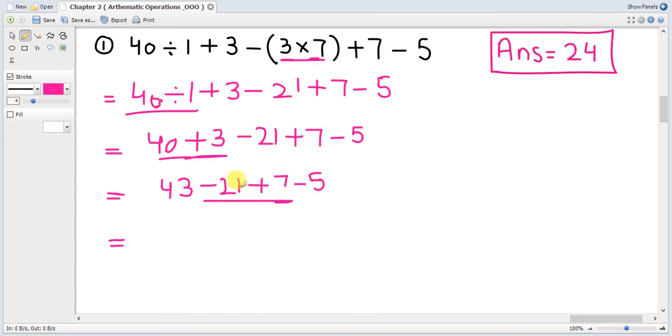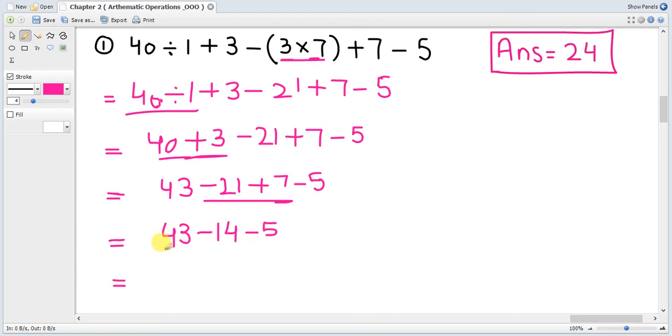The sign with this 21 is negative, so we take the sign into account. It's minus 21 plus 7. If we just take 21, then 21 plus 7 gives 28, which is wrong. So minus 21 plus 7 will give us minus 14, right? Then shift the remaining equation as it is, which is minus 5.